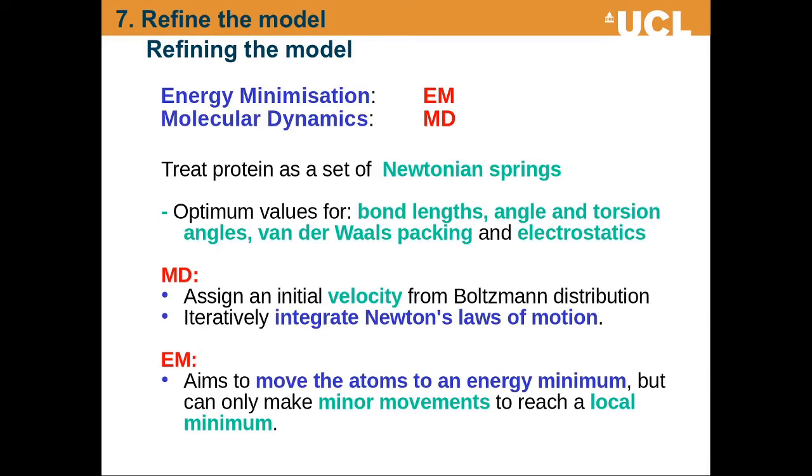And if you're trying to roll a ball over that surface, it's quite likely to get stuck in one of those little local pockets rather than falling into the biggest pocket. And if you think of a protein structure as being a hugely multi-dimensional surface, there are going to be lots of these little pockets on that surface.